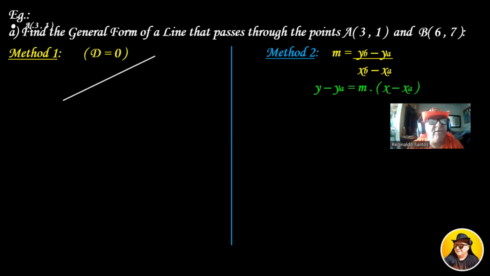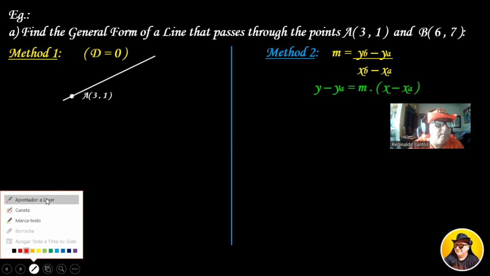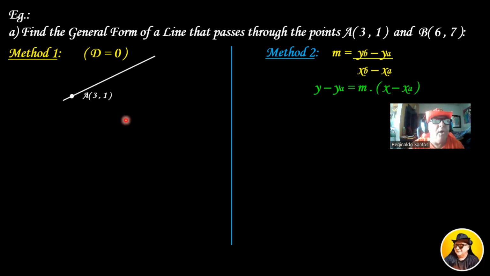Let's suppose, take a look. Let me get a laser pointer to point better. So this is a line. Point A, 3 and 1, belongs to that line, and also point B, 6 and 7, belongs to the same line.